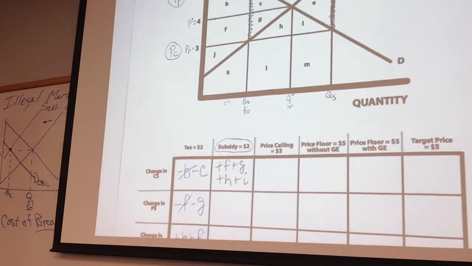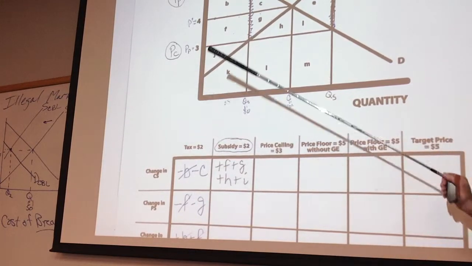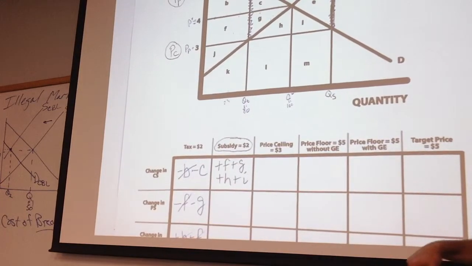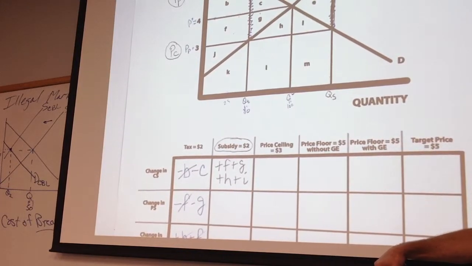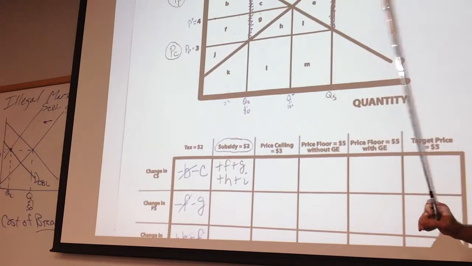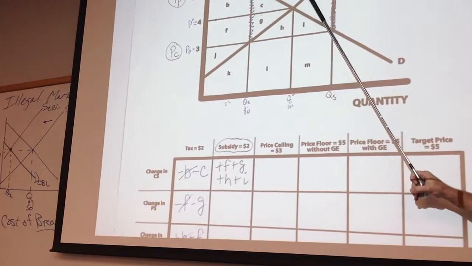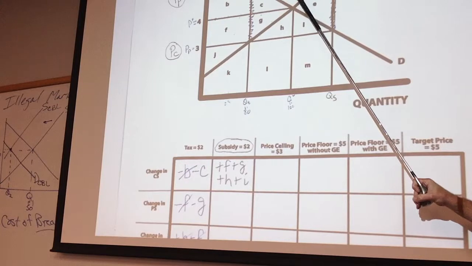How about them producers? What's going on with them? FGJ was free market. What are those producers changing by? Talk to me in areas. H, I, B, C, D. What is the producer surplus again?